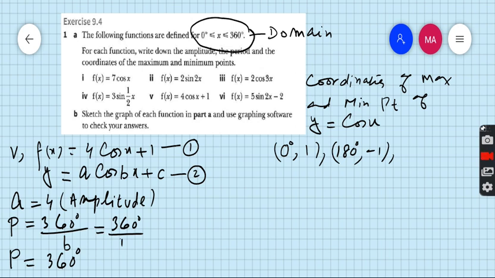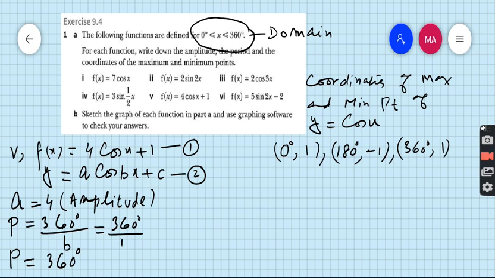And when x is 360 degree, the value of cos x is 1. So these 3 points are the maximum and minimum points.